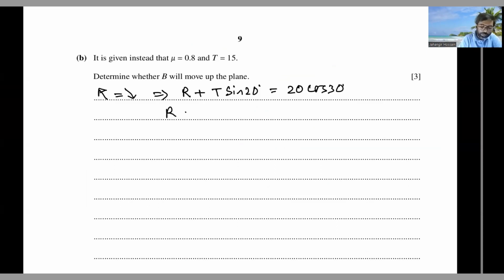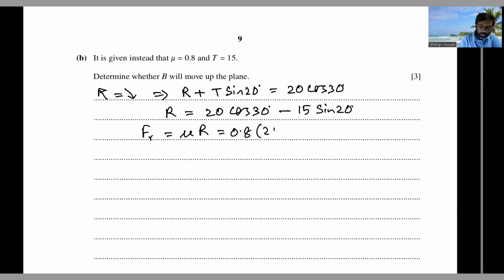So R is 20 cos 30 minus T sin 20, that's 15 sin 20. Now friction is mu R, that is 0.8 times (20 cos 30 minus 15 sin 20).